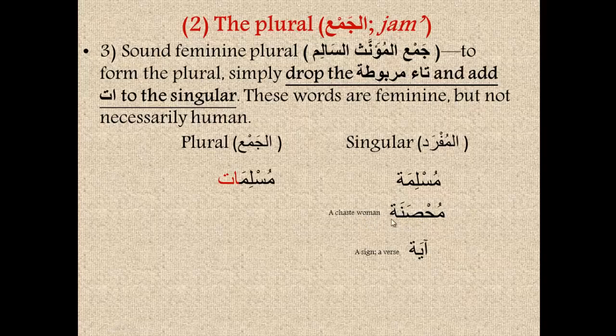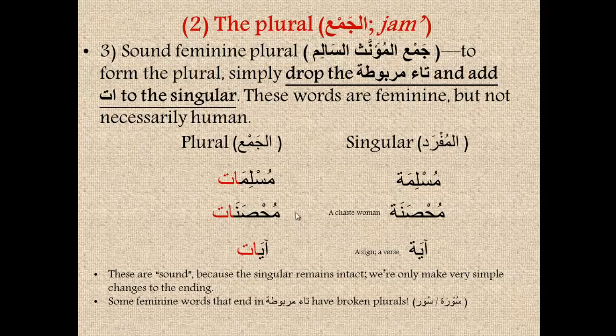Again, dropping the ta marbuta and adding at, we get muhsanat. And then this last example is a non-human example. We have the word ayah, which means a sign or a verse in the Quran. Dropping the ta marbuta and adding at gives us ayat.